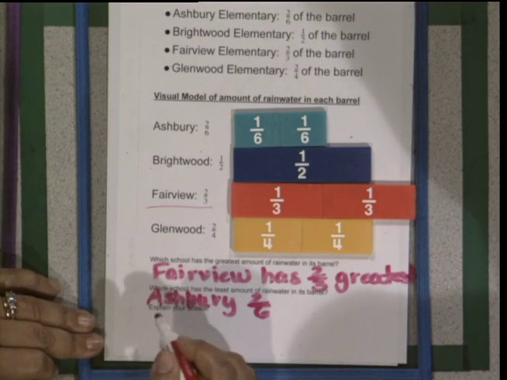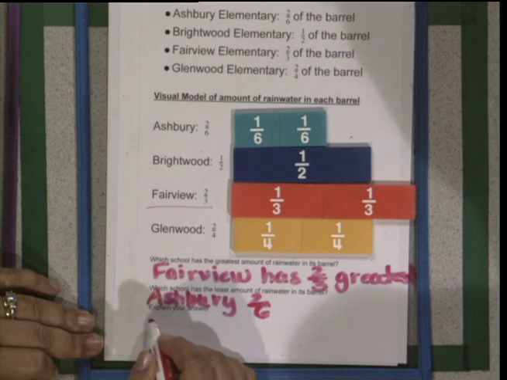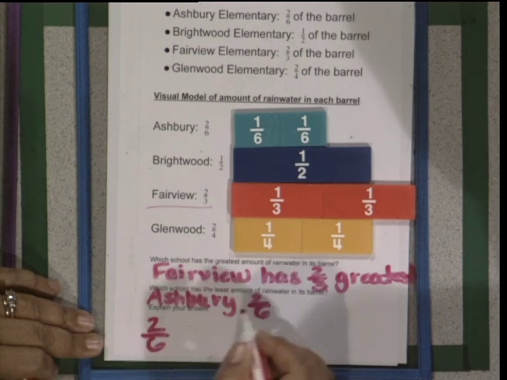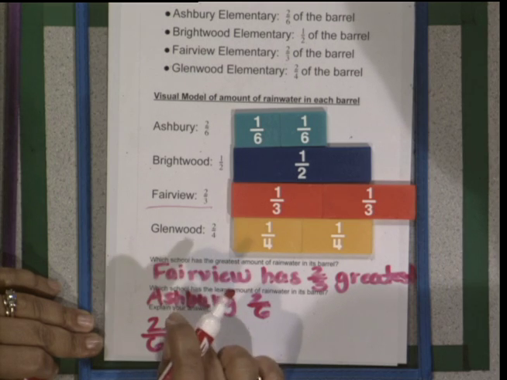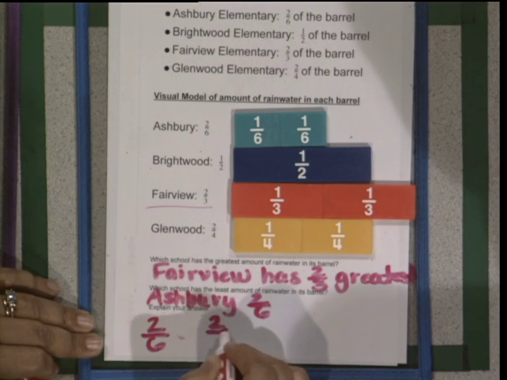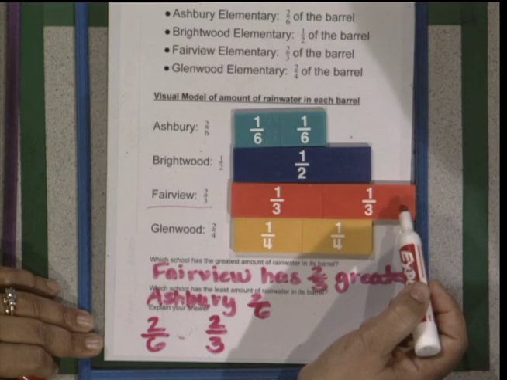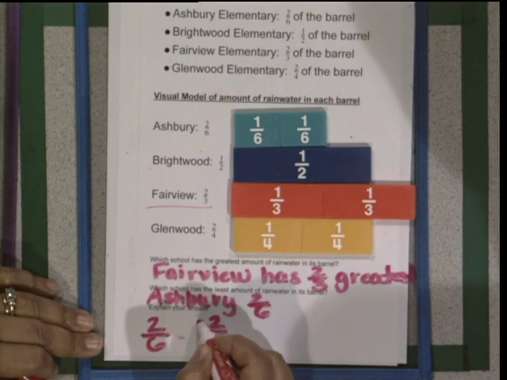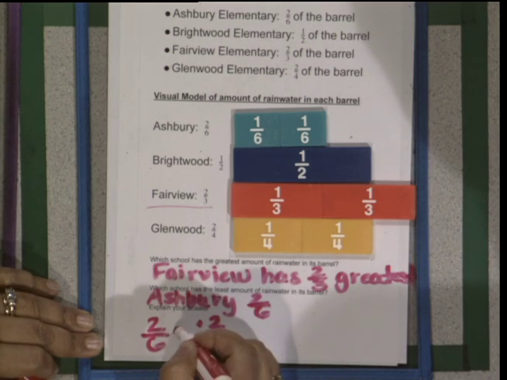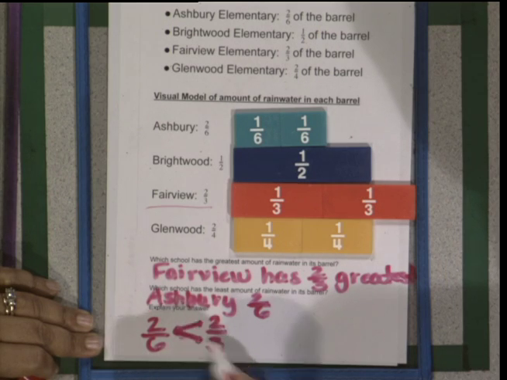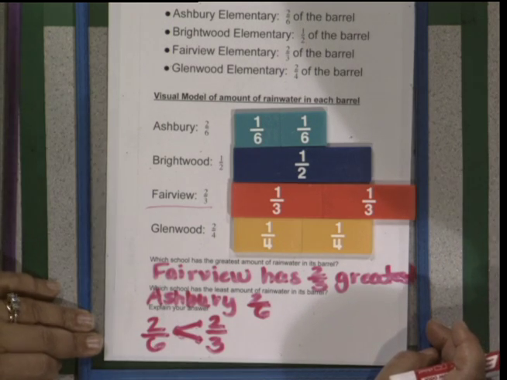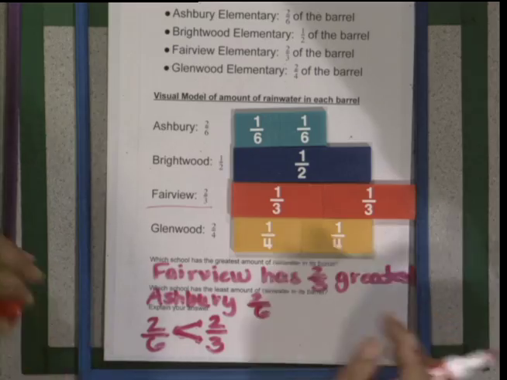We could write a math comparison. So we see 2/6 compared to 2/3. If I look, I see that 2/3 is the greater amount. So if I give 2 dots to the larger quantity and 1 dot to the smaller and connect the dots, I can see that 2/6 is less than 2/3.